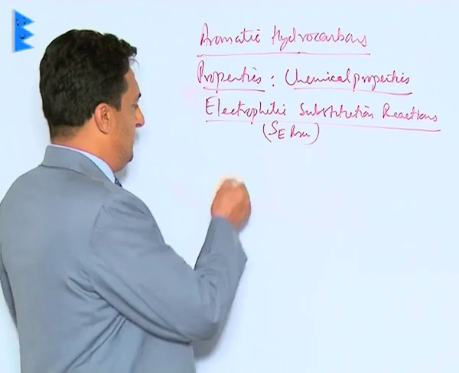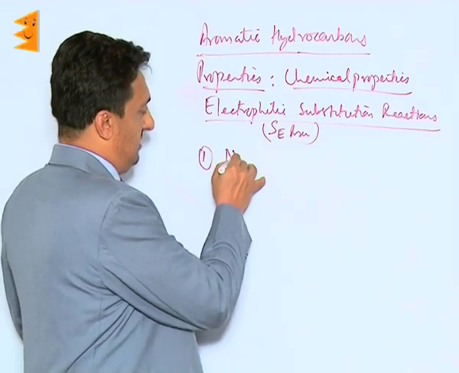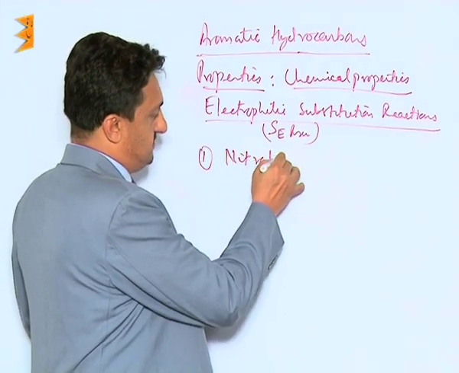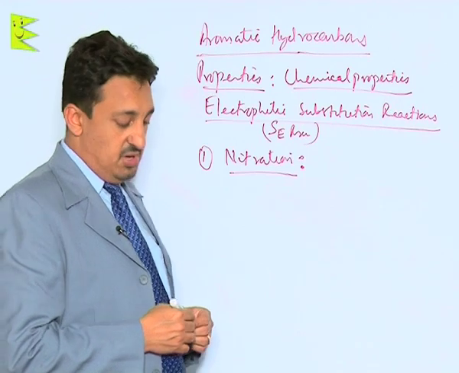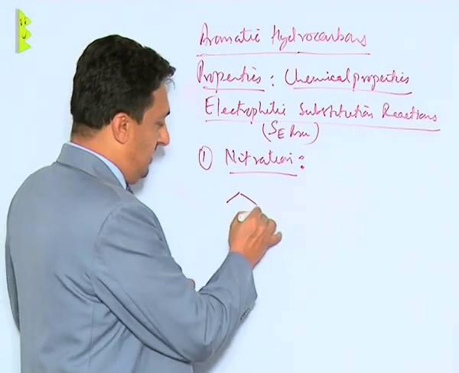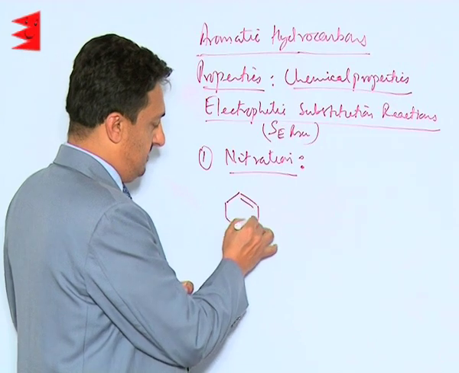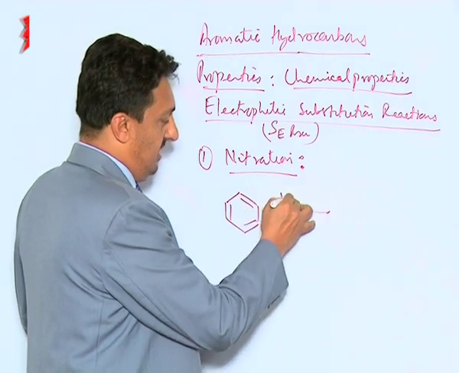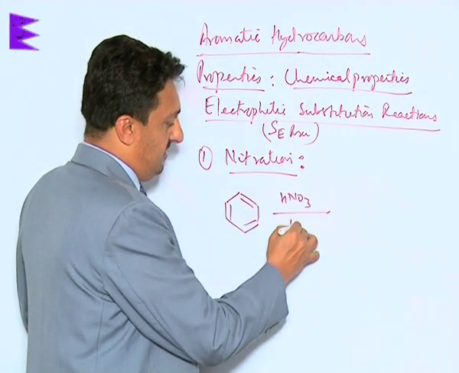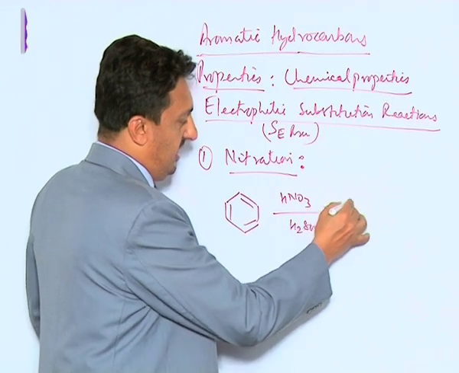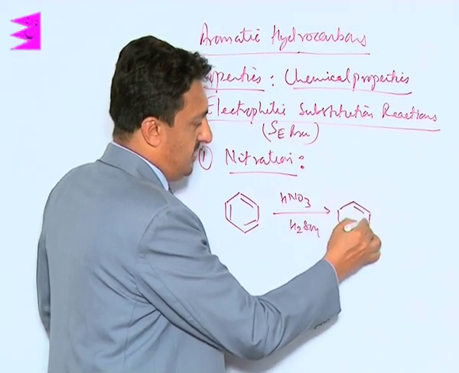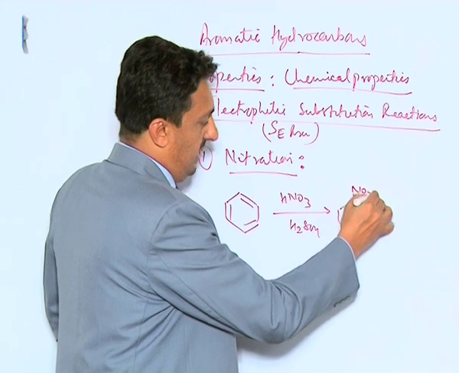Let us start with nitration first. Now let us see the nitration of benzene. When benzene is reacted with nitric acid in presence of sulfuric acid, the product obtained is called nitrobenzene.